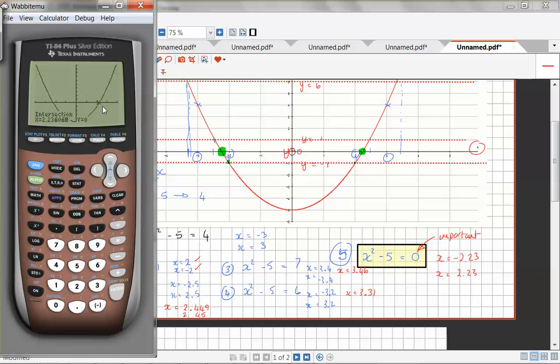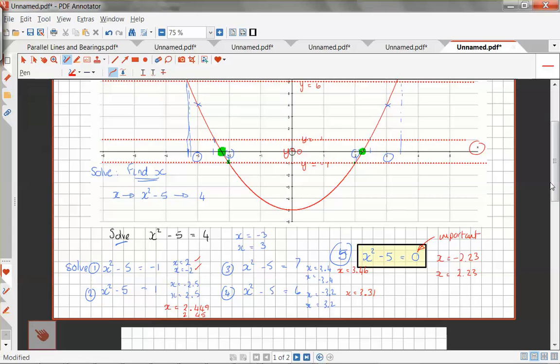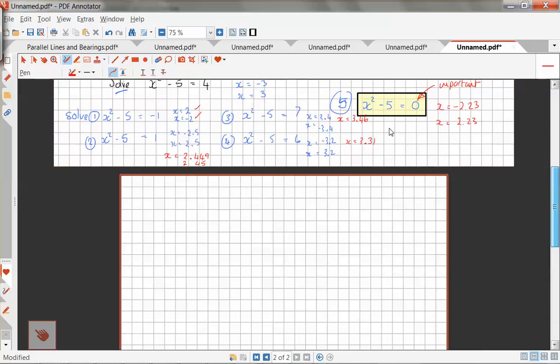I'm just showing you there is a different way to do the equal 0. Right, make sense? Okay.